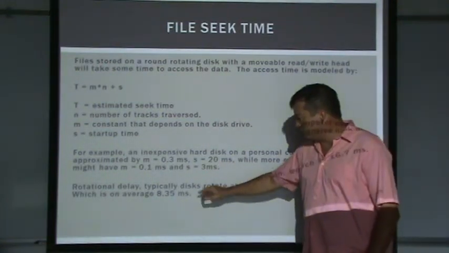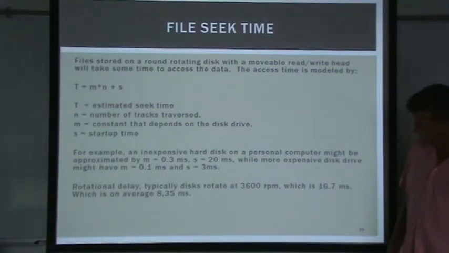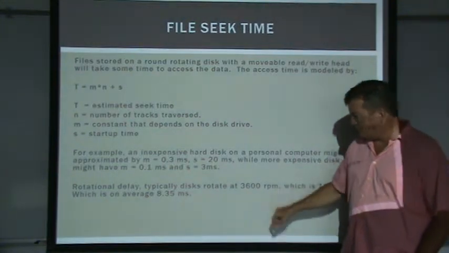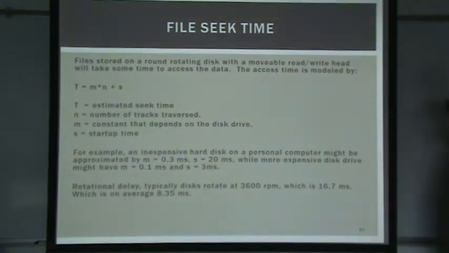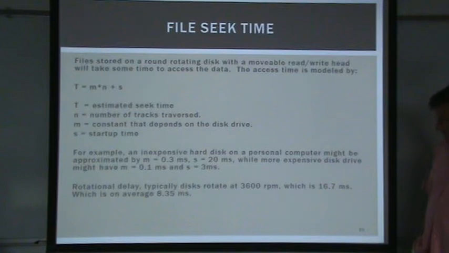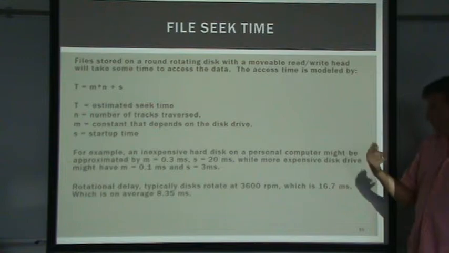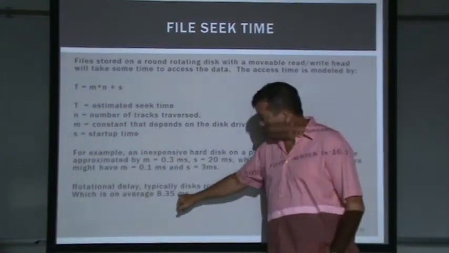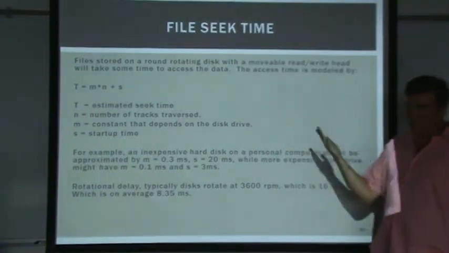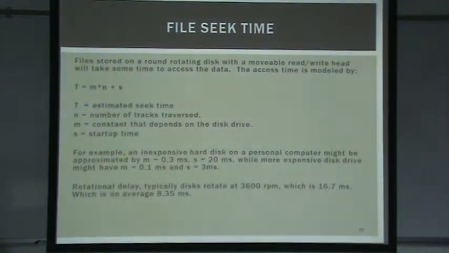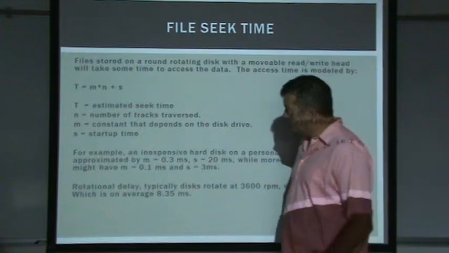Typically, this was probably about 2 years ago, disk drives spin at 3,600 revolutions per minute. That turns out to be 16.7 milliseconds for one rotation, and chances are you have to rotate on average half a spin to get to the beginning of the sector, so it'll be half that number.